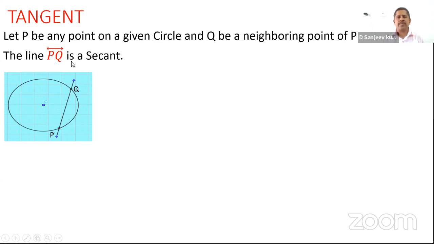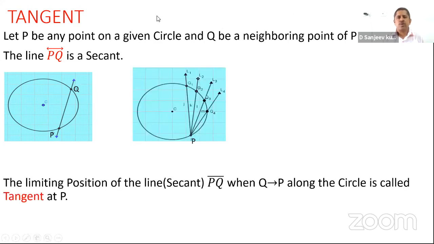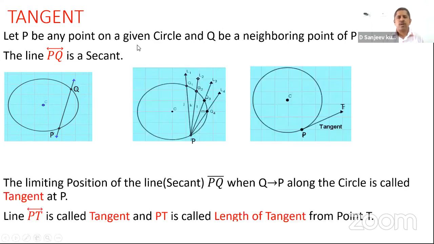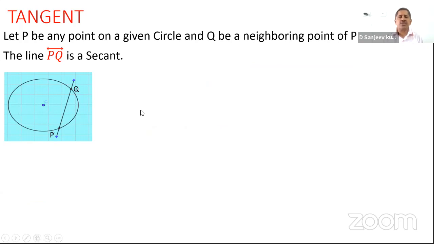Now you join this with a line. What did we call the line PQ? We have called it a secant. So the line PQ is called a secant.